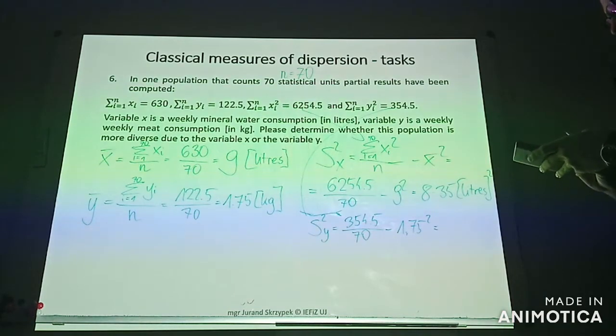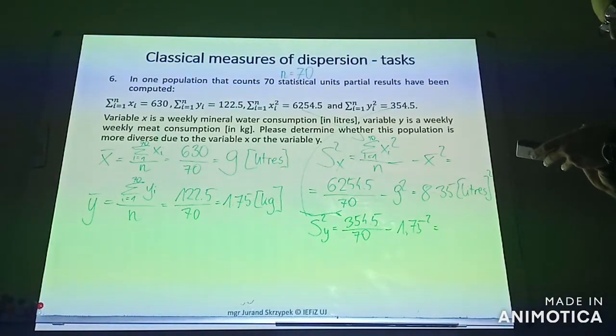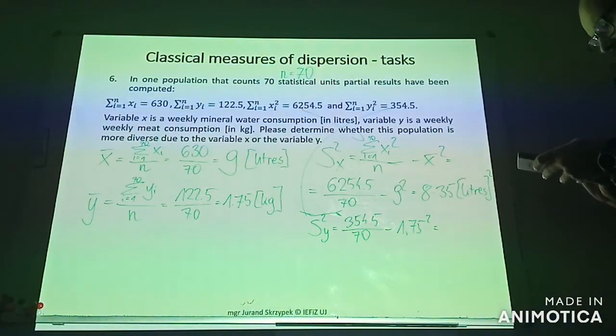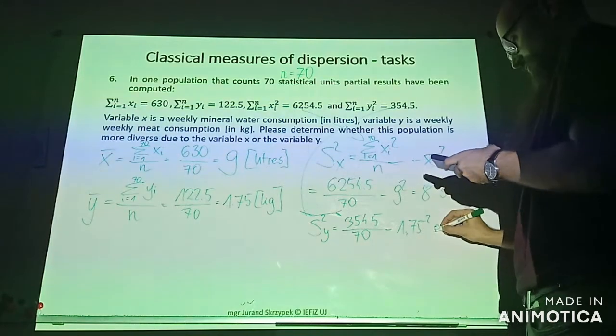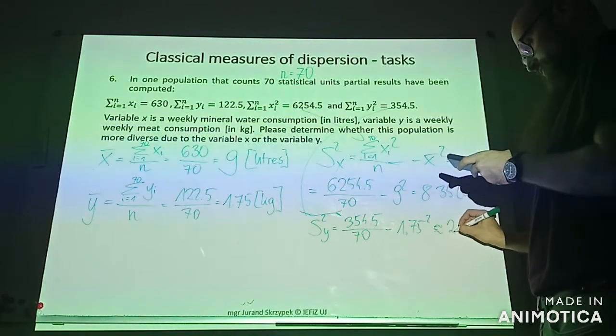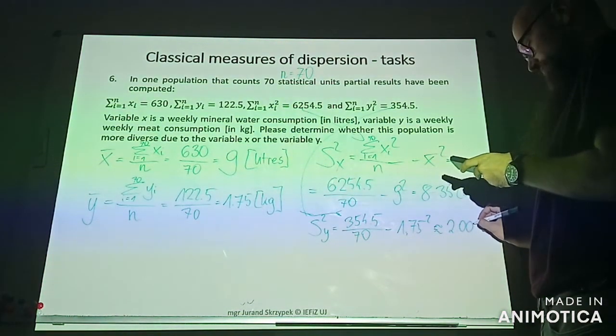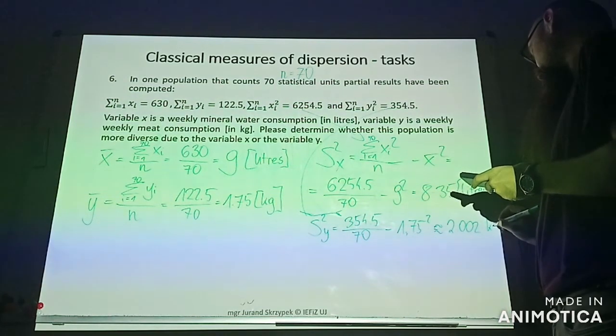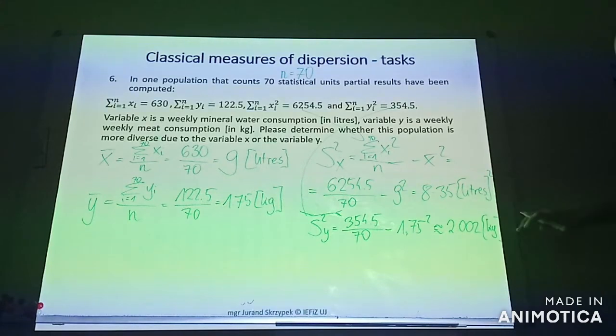Alright, that is about 2.002 kilograms squared. It's legible now. All right.